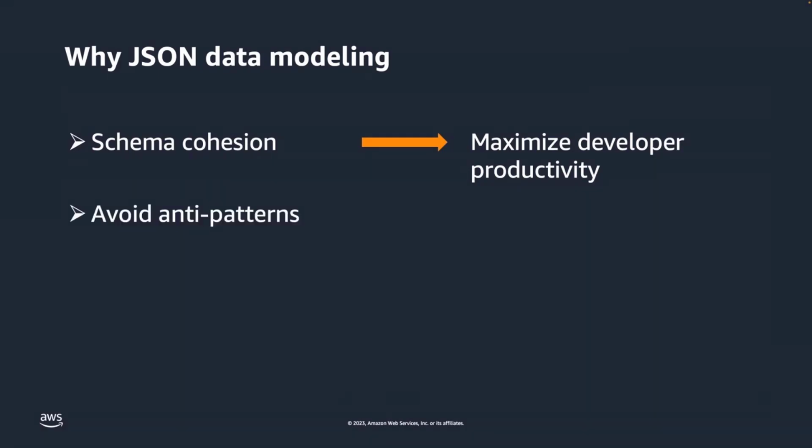Second reason is that having a good schema will help you avoid anti-patterns. Because with all this flexibility, it's easy to fall into the trap that everything can be added to a single collection, adding an unlimited number of fields to a single document schema. First of all, you'll end up with potentially very large documents, and there are some limits for how large a document can be.